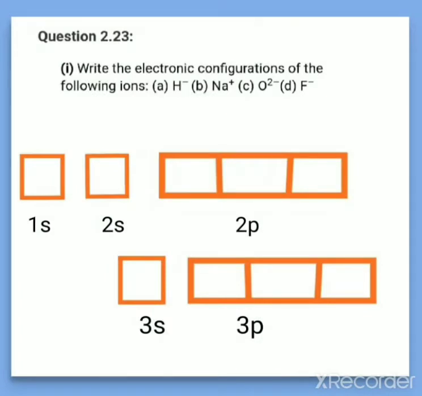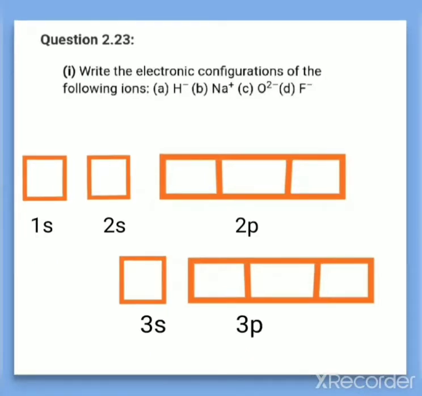You know the series given by the Aufbau principle: 1s, 2s, 2p, 3s, 3p and so on. Try to write it in one line, but here the space is not there, that's why I have written it in two lines. Try to make it in one line.